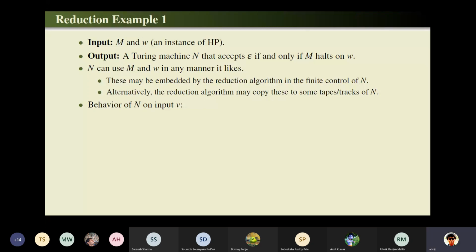So it can simulate that universal Turing machine, or it has the information about M in the finite control itself. So it can also follow its finite control.